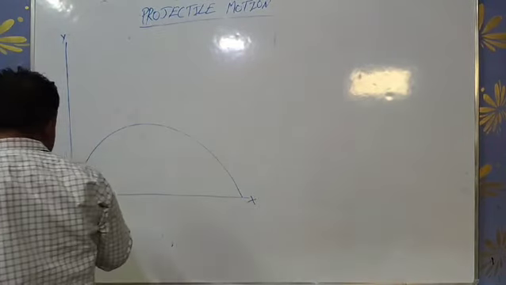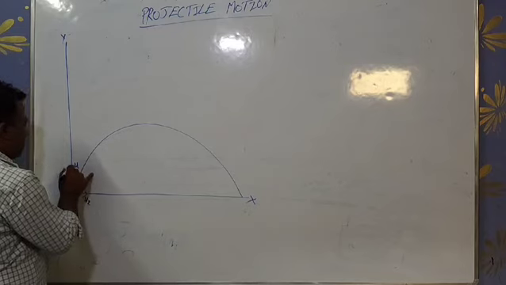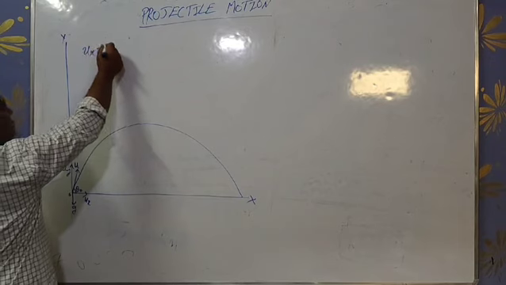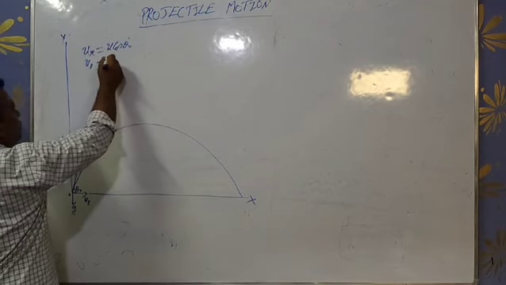This is the horizontal component ux and this is uy. So ux equals u cos theta naught and uy equals u sin theta naught.